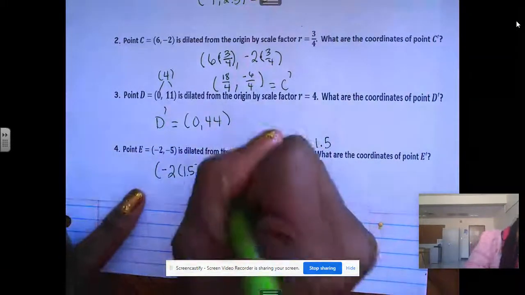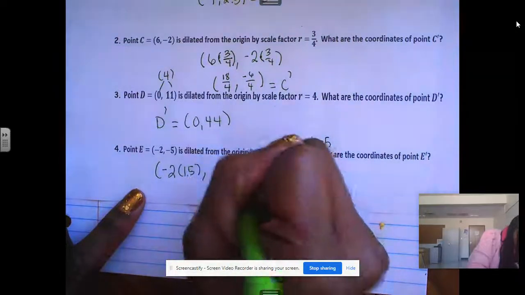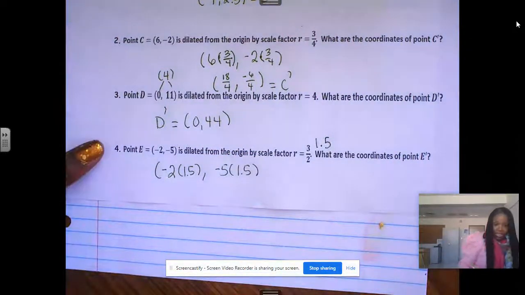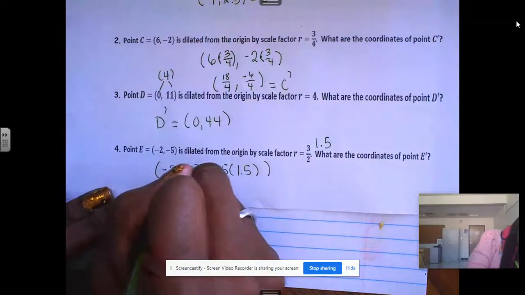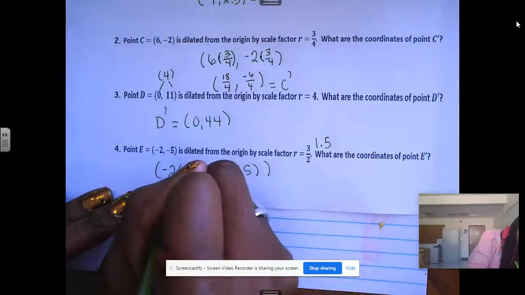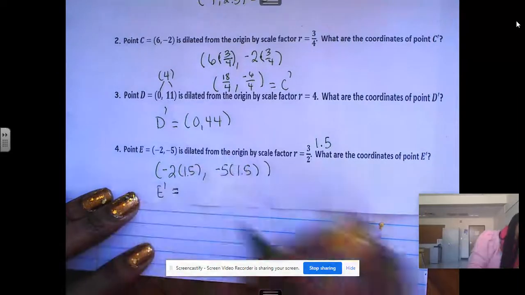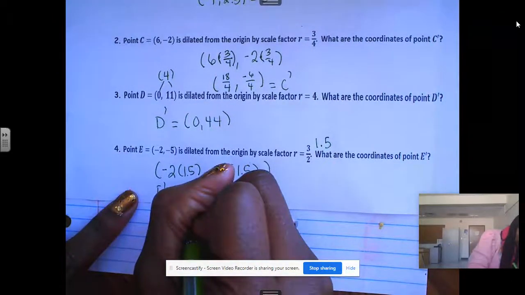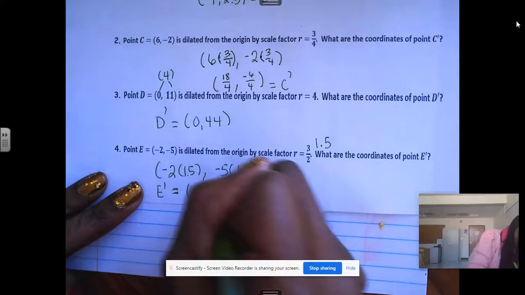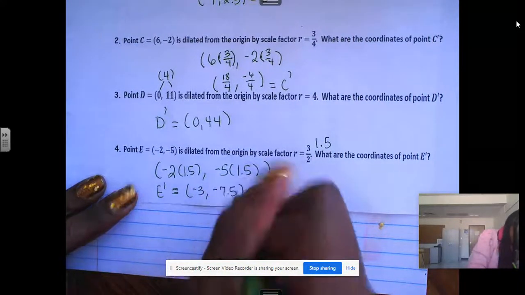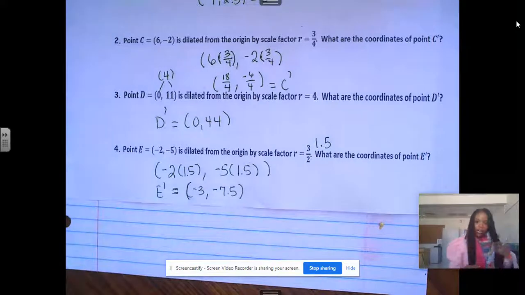And then I'm going to do -5 times 1.5. And then that's going to give me my E prime. So E prime equals -3 is my X, and -7.5 is my Y. So that's my new coordinate for that.